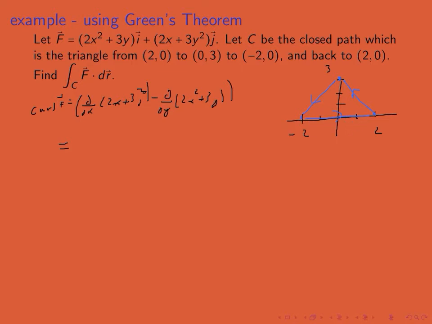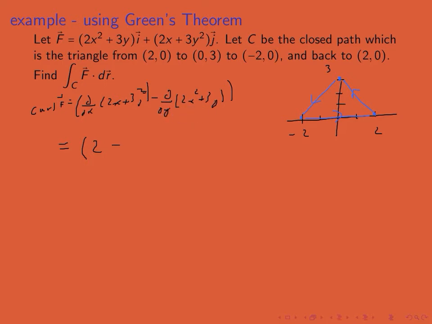So first, let's calculate the curl. So the curl is the partial of 2x plus 3y squared with respect to x minus the partial of 2x squared 3y plus 3y with respect to y. And notice that this is particularly nice. The derivative with respect to x of 2x plus 3y squared is simply 2, minus the derivative with respect to y of this term, which is 3.